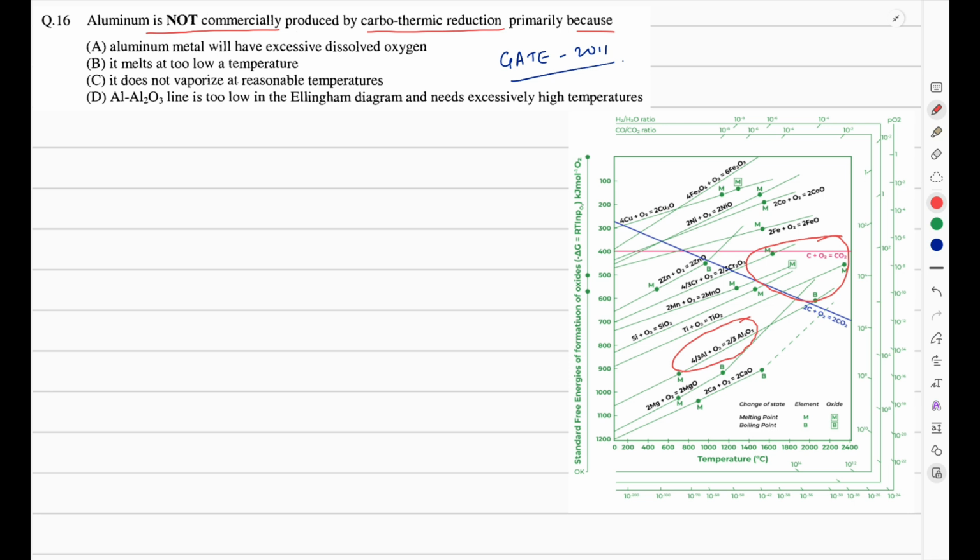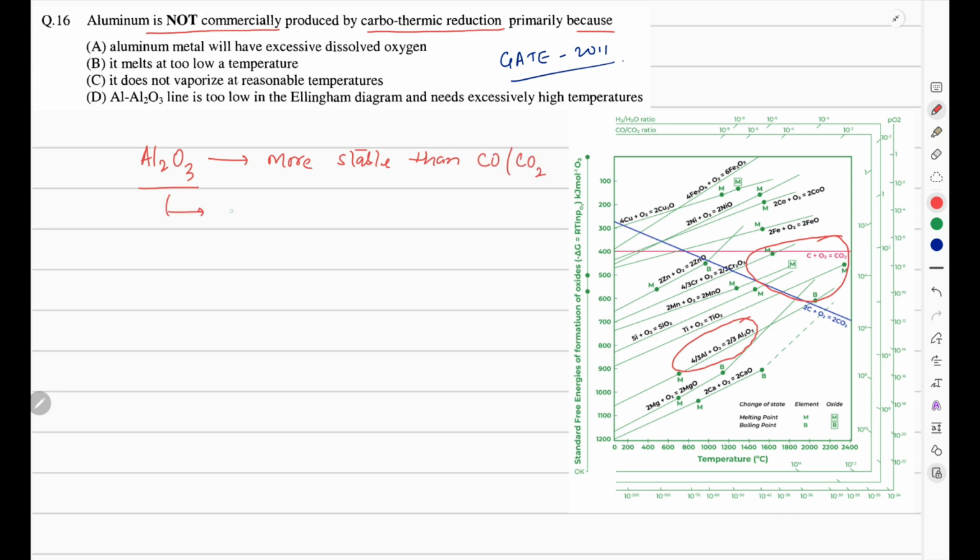To produce aluminium through carbothermic reaction, carbon has to reduce aluminium oxide. But in this case we can see that aluminium oxide is lower in the Ellingham diagram. That means aluminium oxide, that is alumina, is more stable than carbon monoxide or carbon dioxide.